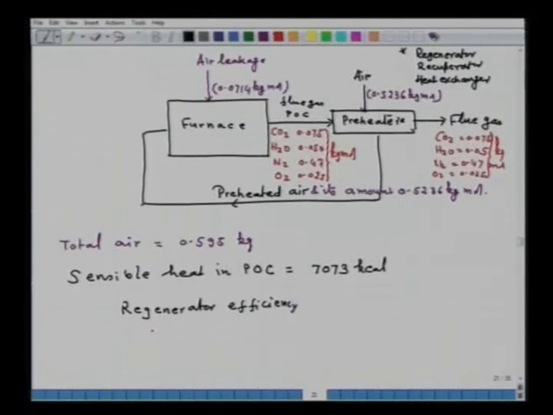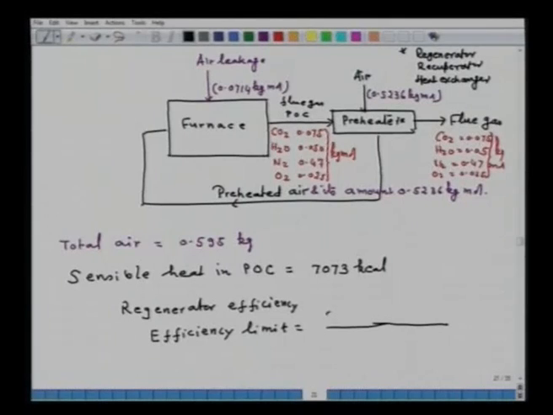So, first we will calculate the efficiency limit. That will be equal to the amount of heat at the flue gas temperature.